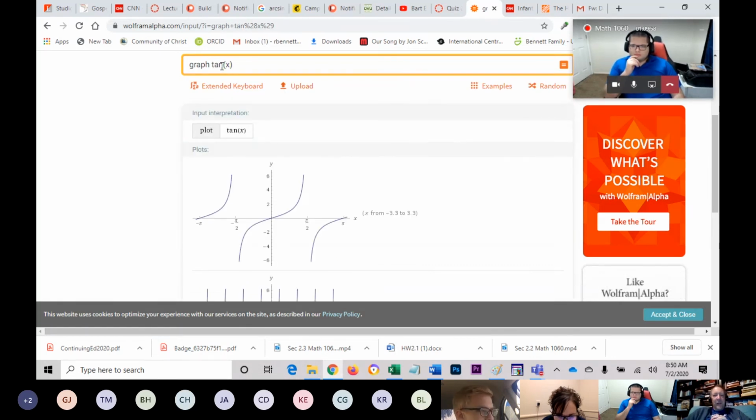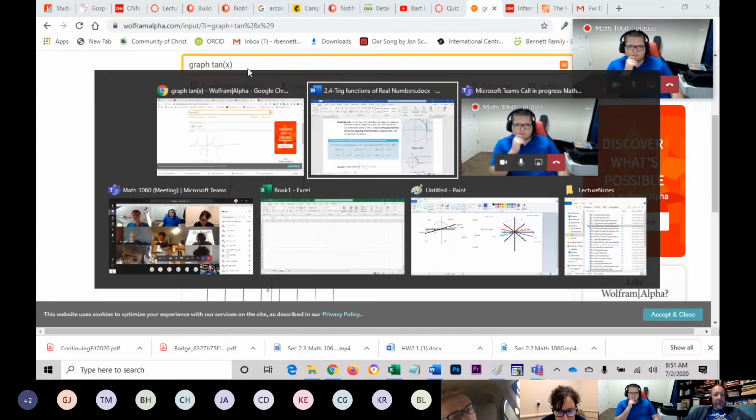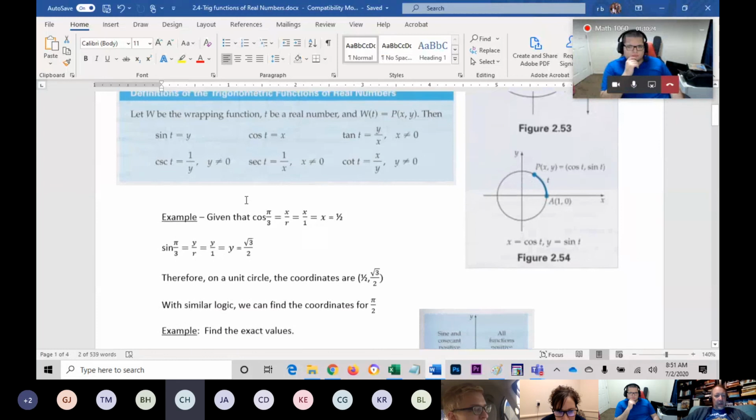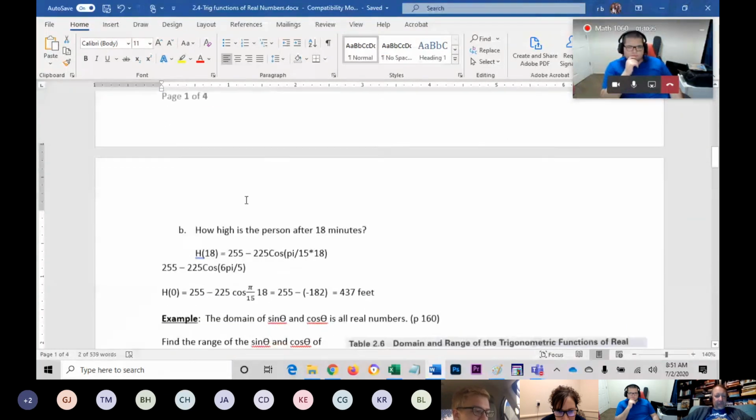But you can see this is not symmetric about the y-axis, but it is symmetric about the origin. If I were to fold along the y equals x line, I could fold this and it would be a mirror image of each other. So the tangent function is also an odd function.